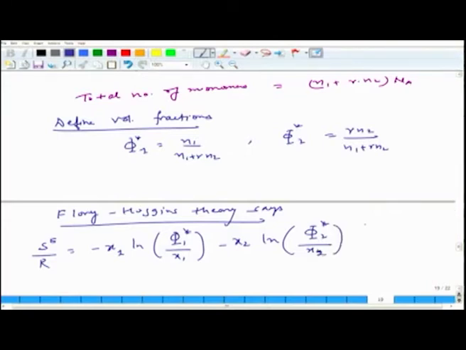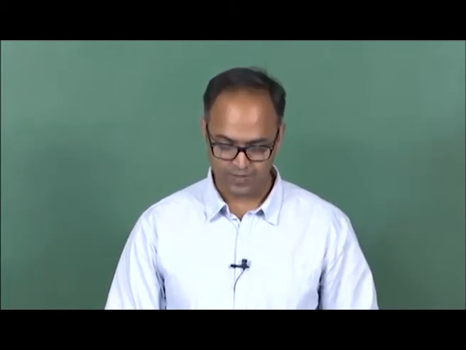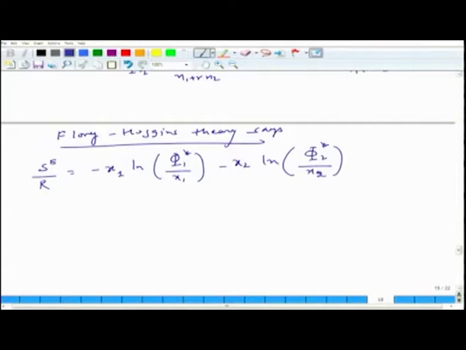So, that is what Flory-Huggins theory says as far as the excess entropy is considered, and you can derive it using the lattice model, considering that the polymer occupies the lattice points of the space, but we will not go through the derivation of this. We are just asserting this expression.